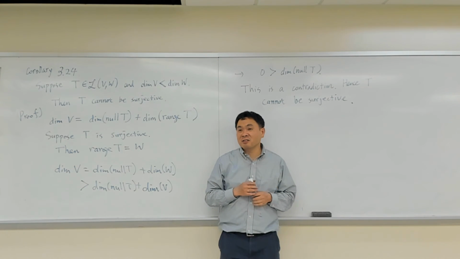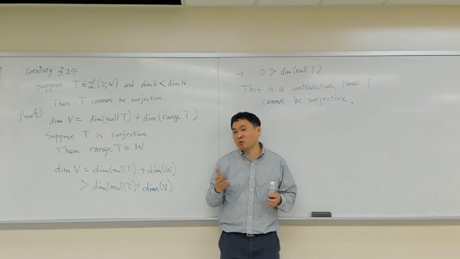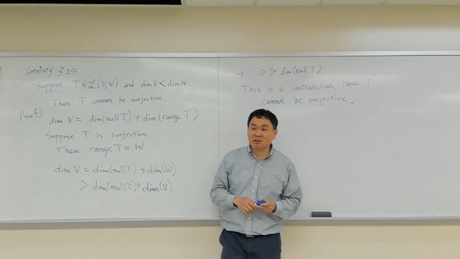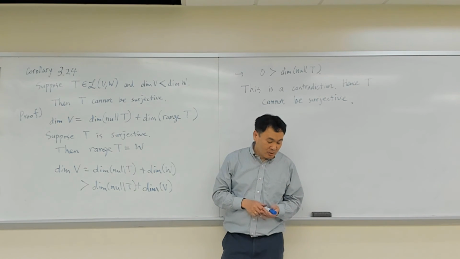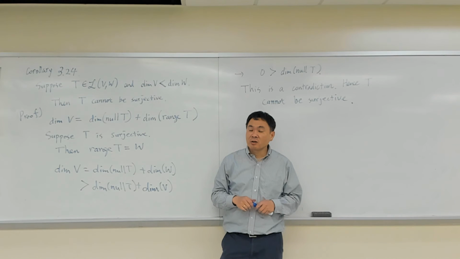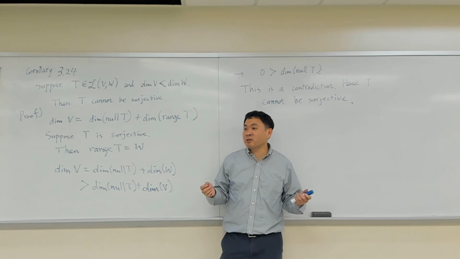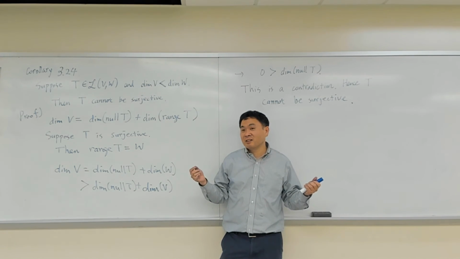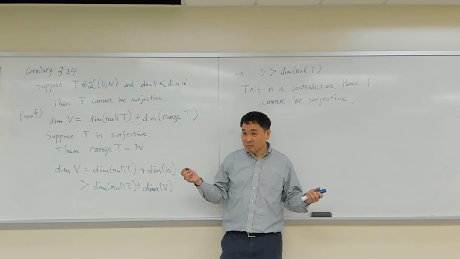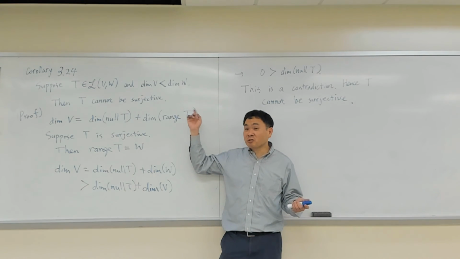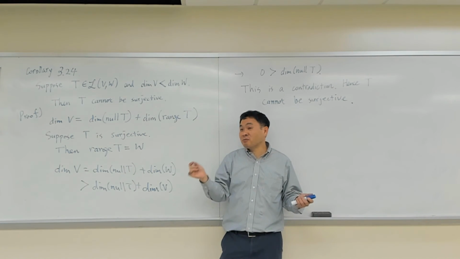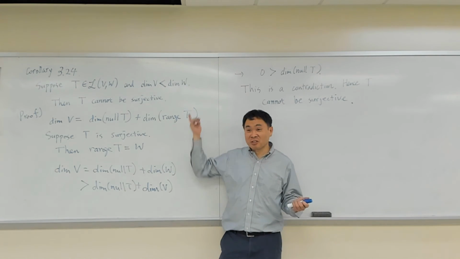What's the cardinality of R3? It's the same as the cardinality of R, which is known as C, the continuum, right? C is the cardinality of the continuum. So if you just look at R3 and R2 purely as sets, then you can make a bijective map between them. What we're just showing is that that bijective map cannot be made so that it's a linear map.